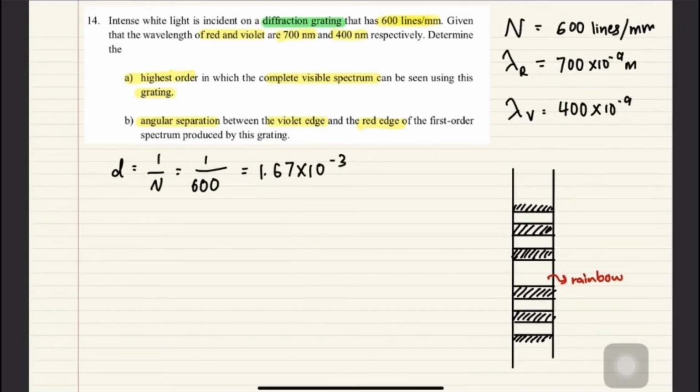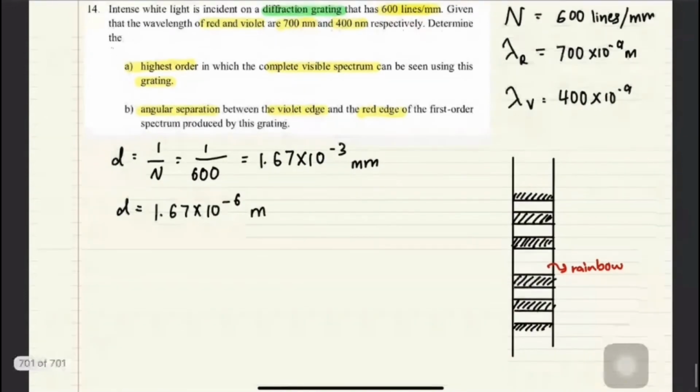The unit is millimeter, because it was lines per mm. In SI units, from millimeter to meter, you divide by 1000, so 1.67 times 10 negative 6 meter.